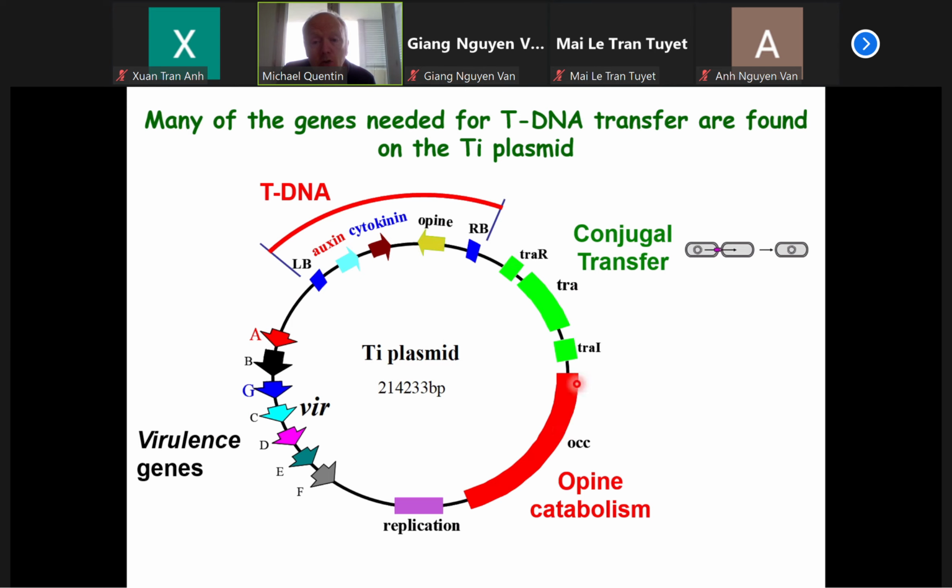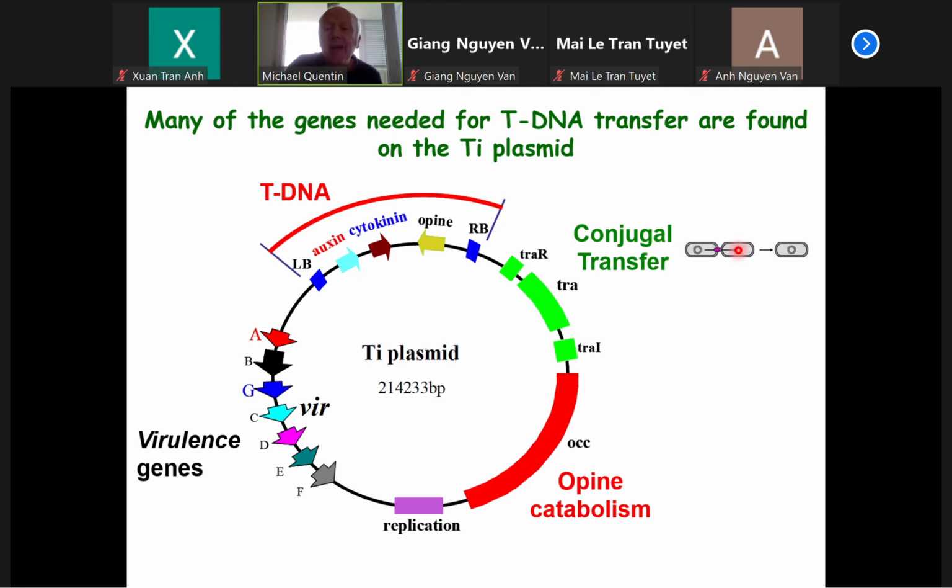This region will encode the genes necessary for the bacteria to use opines as nutrient. And then there is a transfer region, a conjugal transfer region, which explains that the Ti plasmid can be transferred from one Agrobacterium strain to another one.